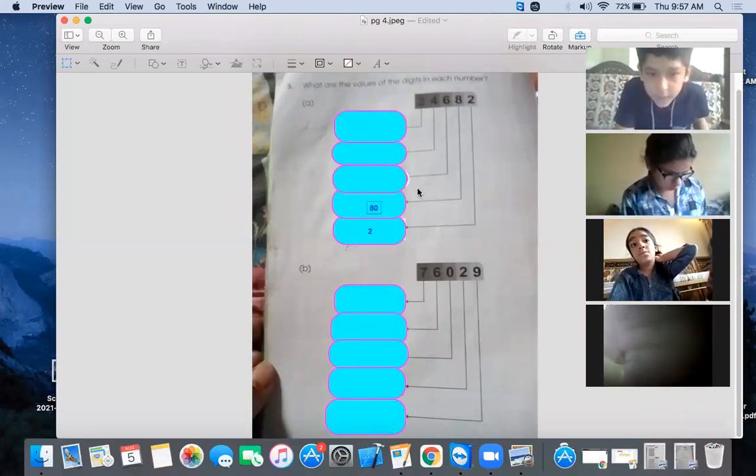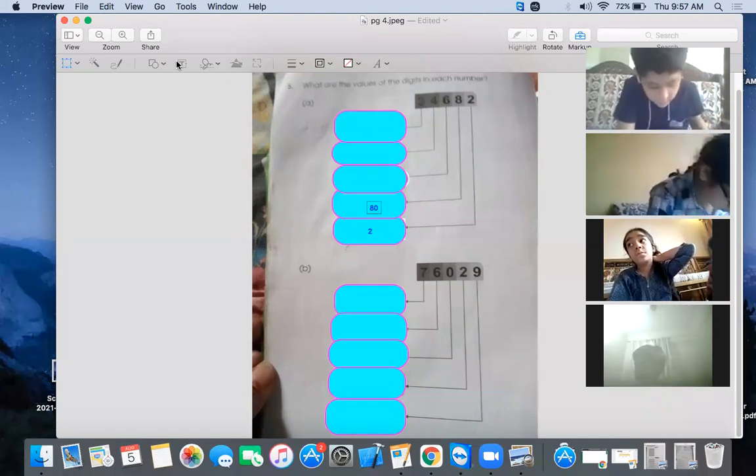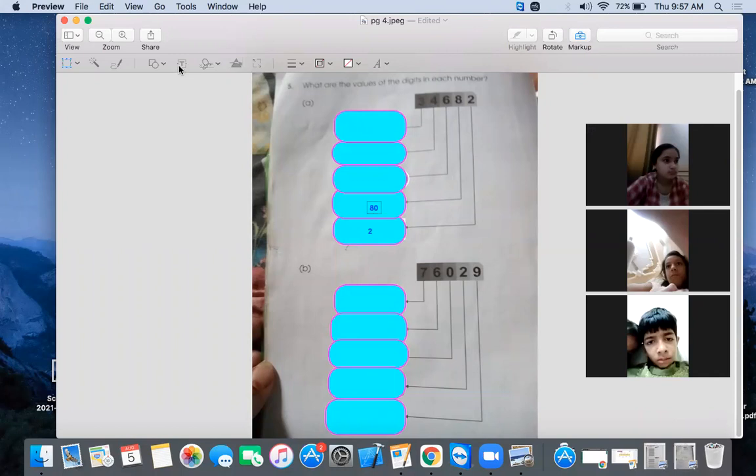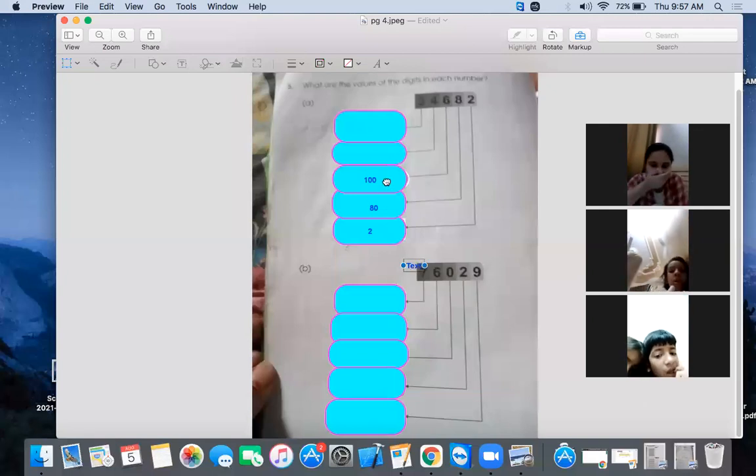What is the place value of 6? The place value of 6 is 100. So how we do? We just write 600. Now ones, tens, 100. Now what is the place value of 4? The place value of 4 is 1000.